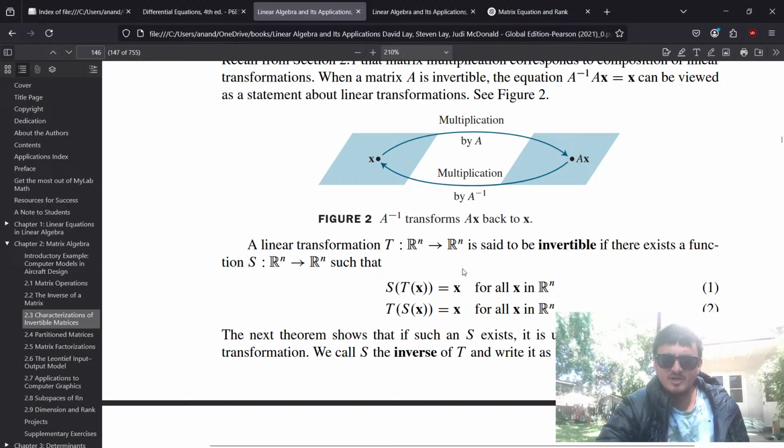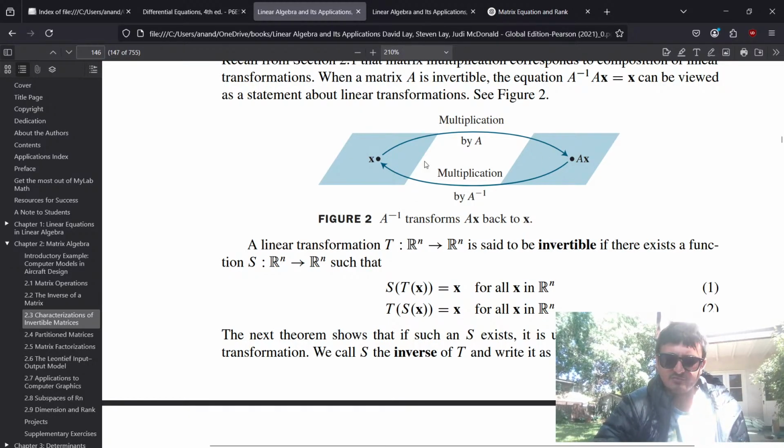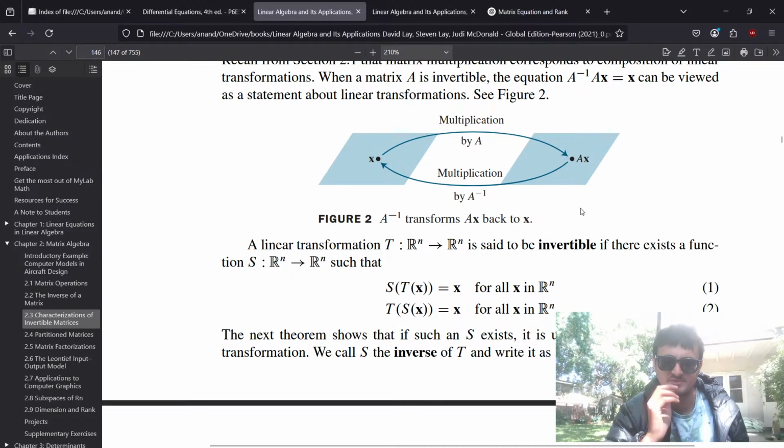So this is, I think, a better picture of explaining why you might not have both ways. Like, let's say that this space is lower dimension than this space, then it could be that this inverse works, but this inverse wouldn't, because there are some points here that get collapsed down.